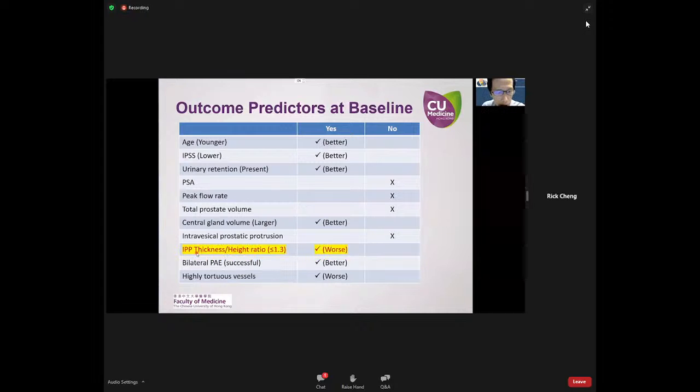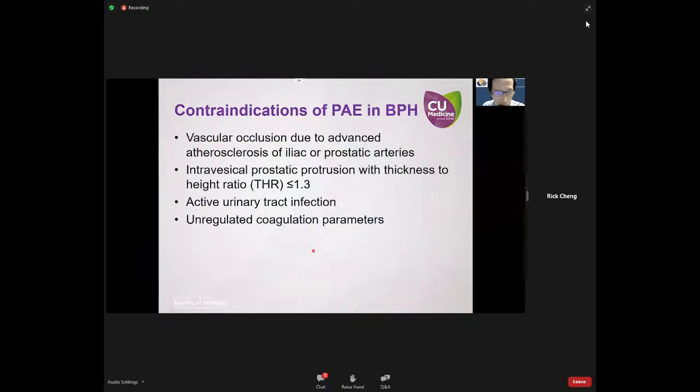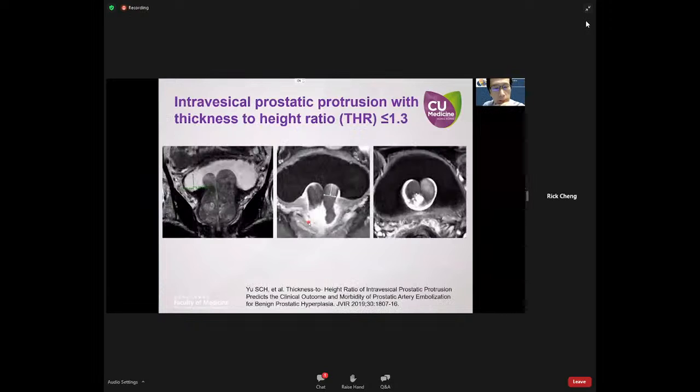So in these cases of intravesical prostatic protrusion with a thickness to height ratio of less than 1.3, we know that these are associated with complications and adverse effects. So we put that as a contraindication now, in addition to vascular occlusion, infection or coagulation defects.